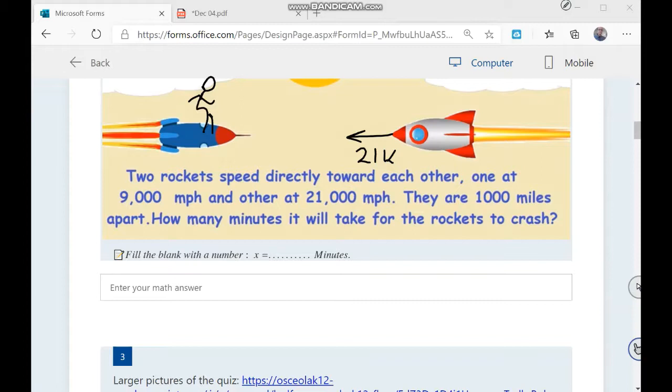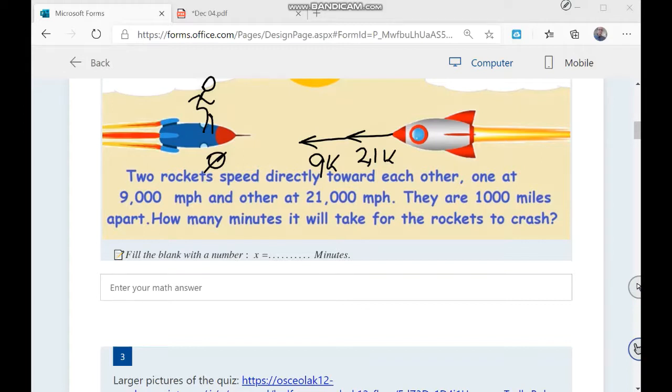Now, you are observing, you are on top of the rocket. For you, this rocket has a speed of 0, because you're traveling on it. You are on top of it. The speed of this rocket is 0. And the other rocket is approaching at this speed here, 9k plus 21k.